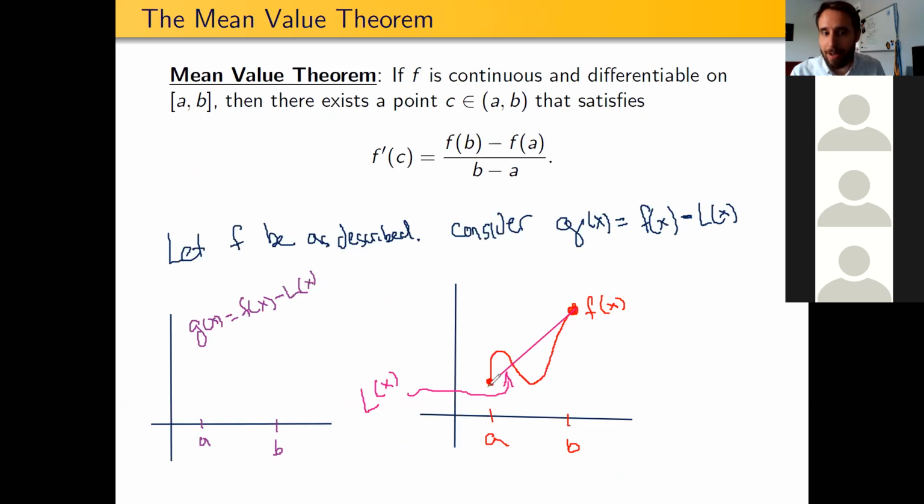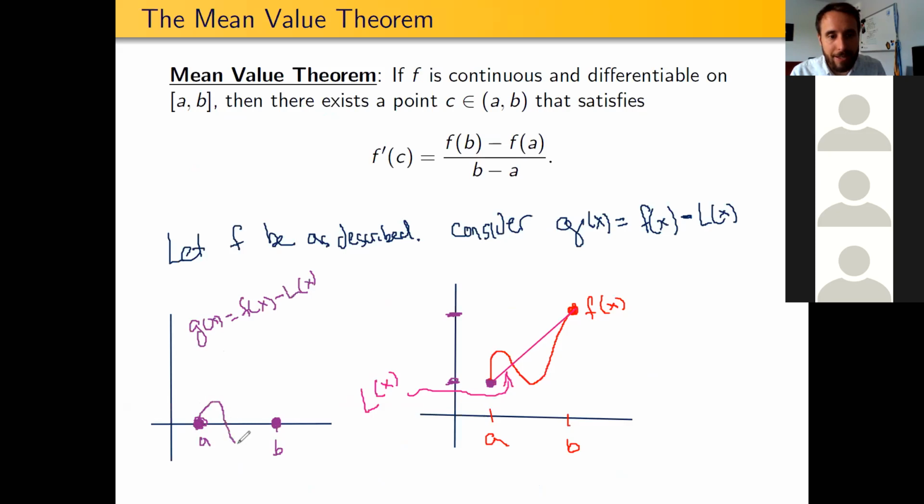Well, g of A is going to be f of A minus L of A. Those are defined at the same height, and so g of A is actually 0. Right? F of A and L of A are both at this height right here. Similarly, L of B and F of B are both at this height, and so g of B is equal to 0, because we get f of B minus L of B.